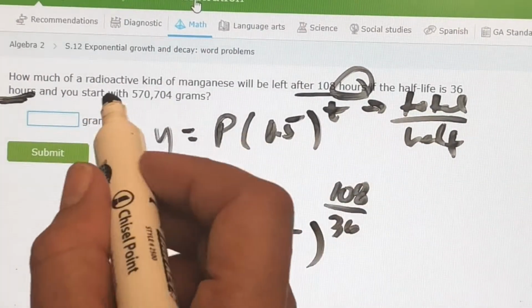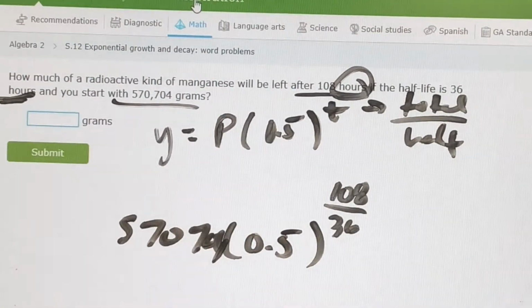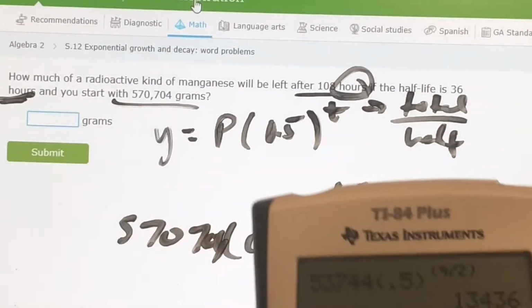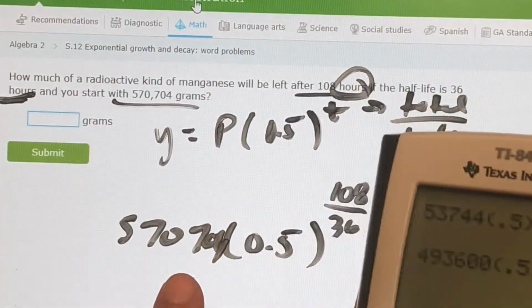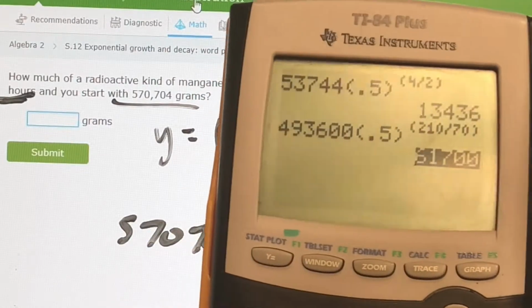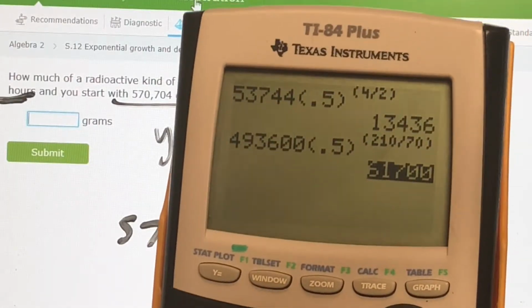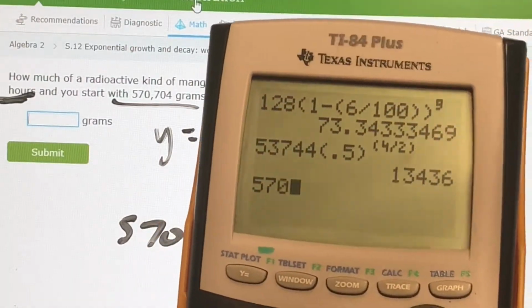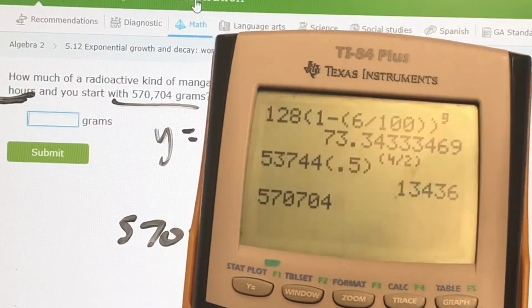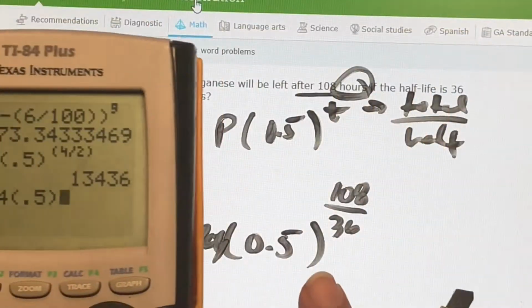And then what's my P? I start with 577.04. And then you just punch that in the calculator. Honestly, once you punch it in once, I can just go back and change it, but I won't show you how to do that right now. 570.704, open parentheses, 0.5, close parentheses, raised to this power.